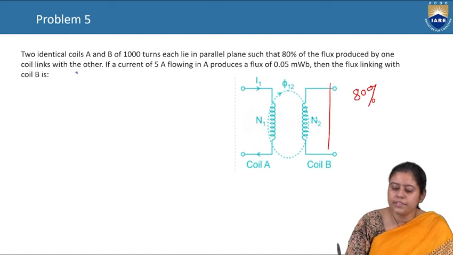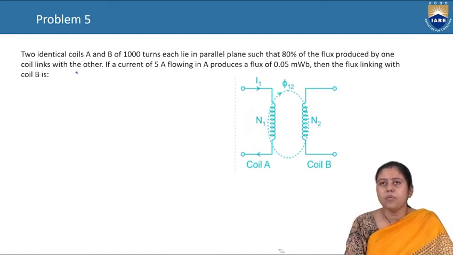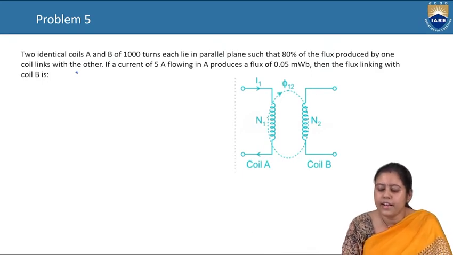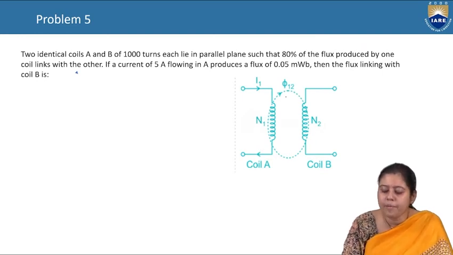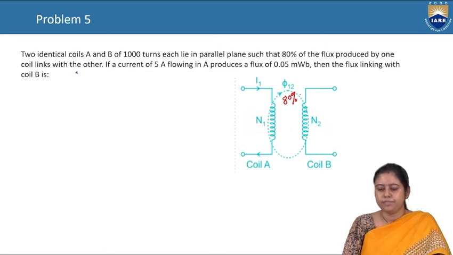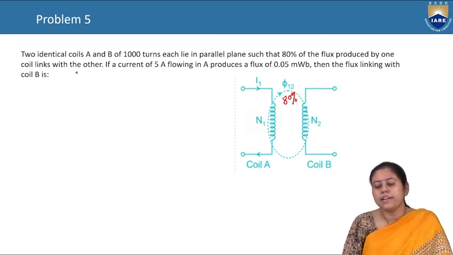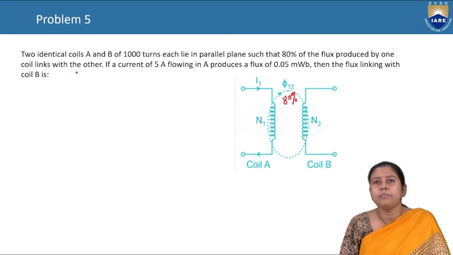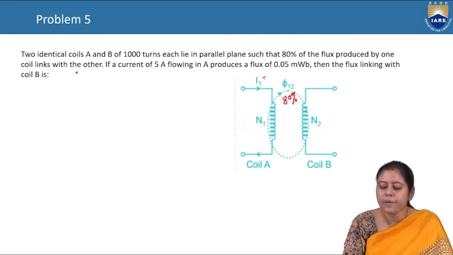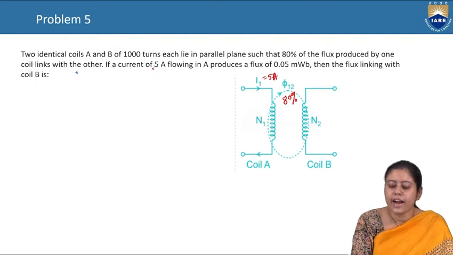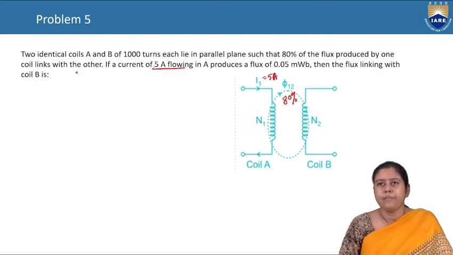You can see from here, this is one coil, this is coil 2, and the flux due to the current in the first coil links the second coil, and the amount linking is 80%. Not the total flux is linking, only 80%. The current is 5 ampere.